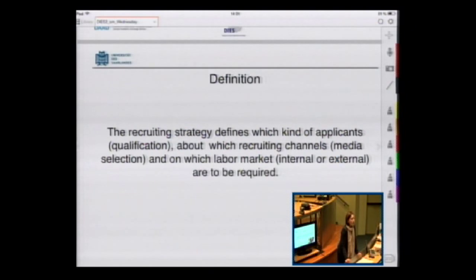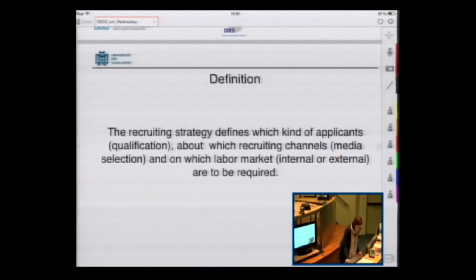You also have to think about the idea that not each medium is the right one for a position. You have to differentiate between the positions. Are you looking for a professor? You need other media than if you're looking for a secretary, for instance. You have to choose which one is the better one.